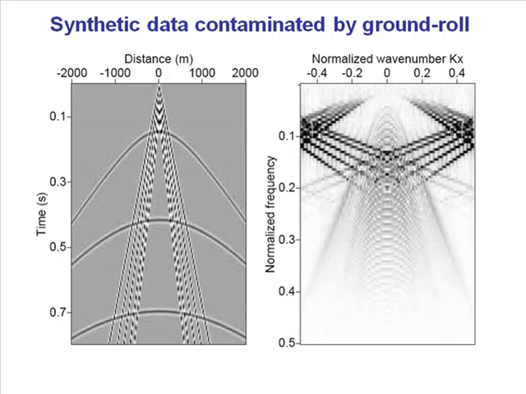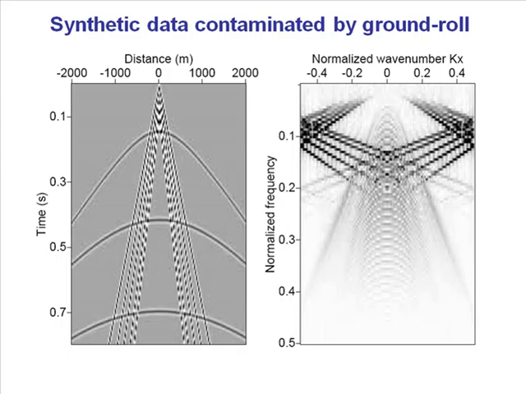I have this data, 3 hyperbolics, and I put in linear events, 5 of them, with amplitude twice the original data that I have.